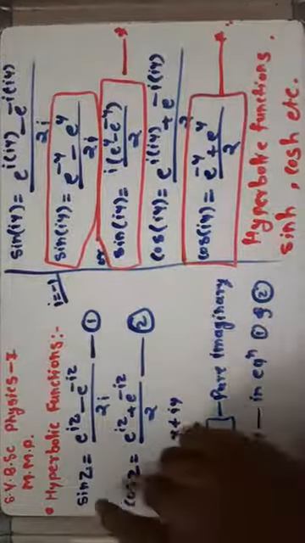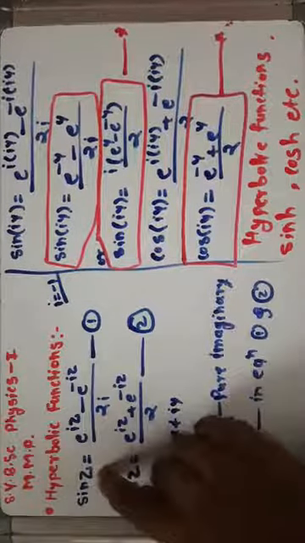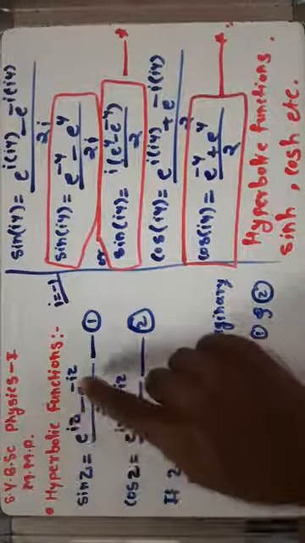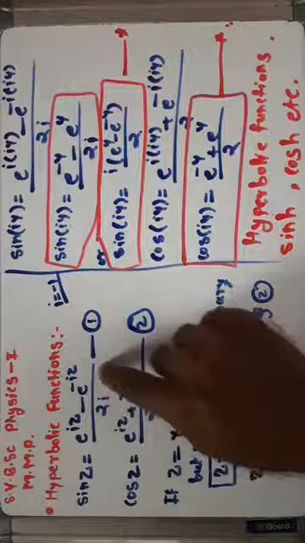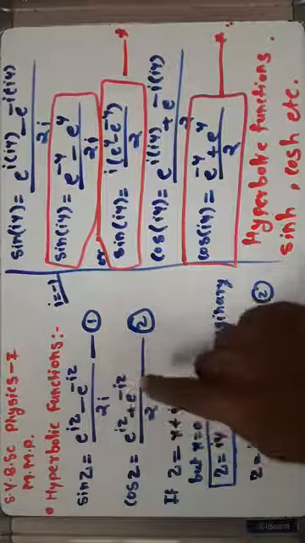Here we used the trigonometric functions sin theta is equal to e raised to i theta minus e raised to minus i theta divided by 2i, and cos theta is equal to e raised to i theta plus e raised to minus i theta divided by 2.